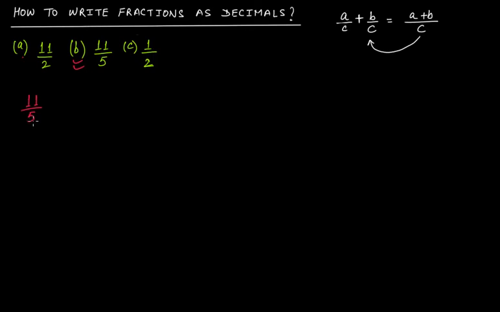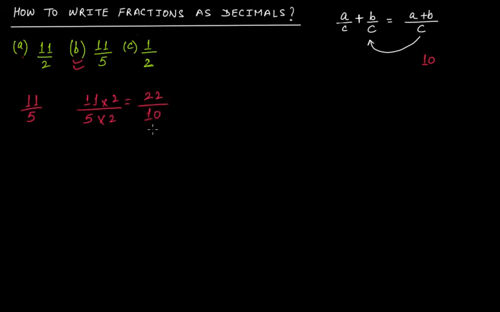This is a single digit number, right? Since it is a single digit number, first think of 10. Can we write an equivalent fraction of 11 over 5 in a way that its denominator becomes 10? Yes, we can. If we multiply the numerator and denominator with 2, then this will be 22 over 10.